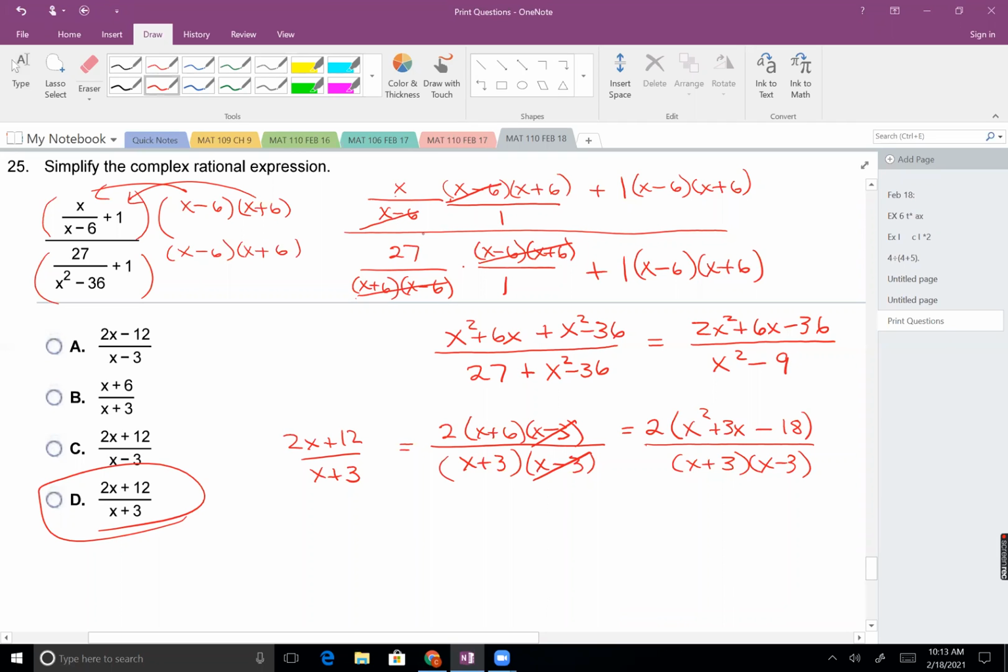You wouldn't do the repeated distribution, because there's no addition in between those two. So you're just treating that as a single thing that you're multiplying both by. It's one full thing, not two separate equations. Okay, thank you.